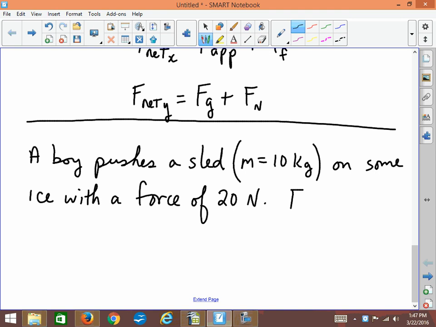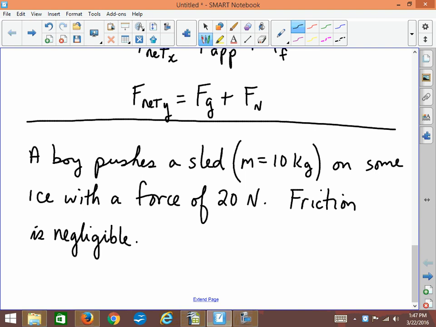Now, because it's ice, I'm going to say that the friction is negligible. Negligible. Now, some people didn't know what negligible means. The word negligible simply means that it's so small that it doesn't matter. So in this question, friction is not going to take a role.